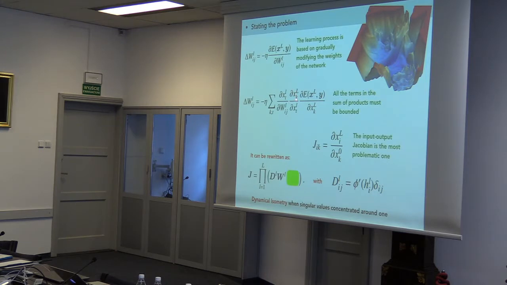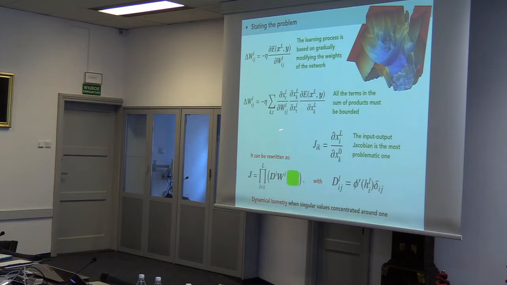You have a term which tells you how the output layer changes with respect to the post activations in layer L, and you have a term telling you how the post activations in layer L change when you change the weights here.